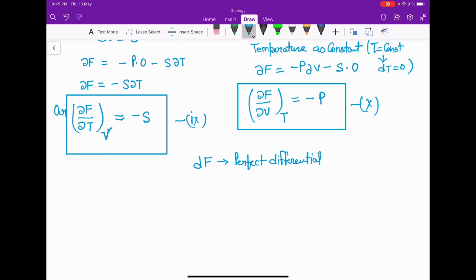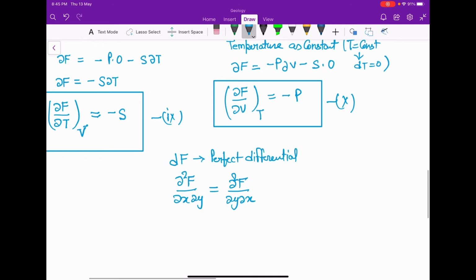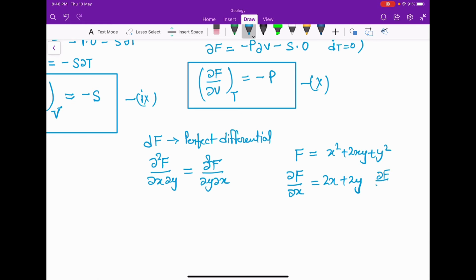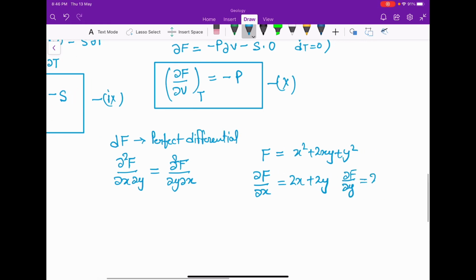The meaning of perfect differential is del 2F divided by del x del y equals del 2F divided by del y del x. For example, if F is a function x square plus 2xy plus y square, then del F by del x will give 2x plus 2y, and del F by del y will give 2x plus 2y.